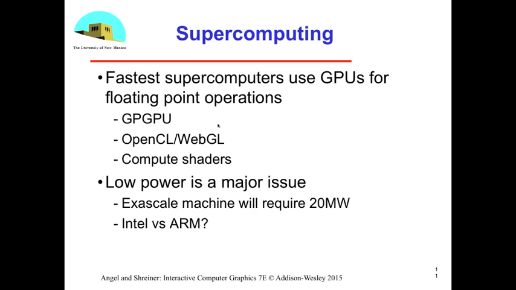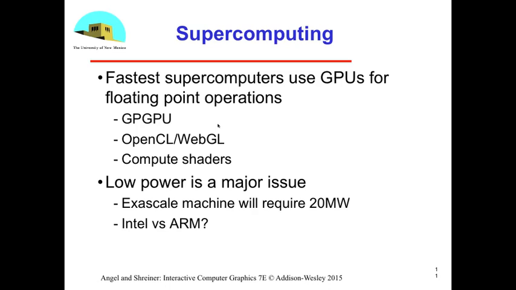And if you look at the fastest machines in the world, the top machines all have either GPUs or some other coprocessor available to actually do the floating point calculations. Generally, the speed of supercomputers is measured in how many floating point operations a second you can do, and they're talking about teraflops and petaflops for these machines.